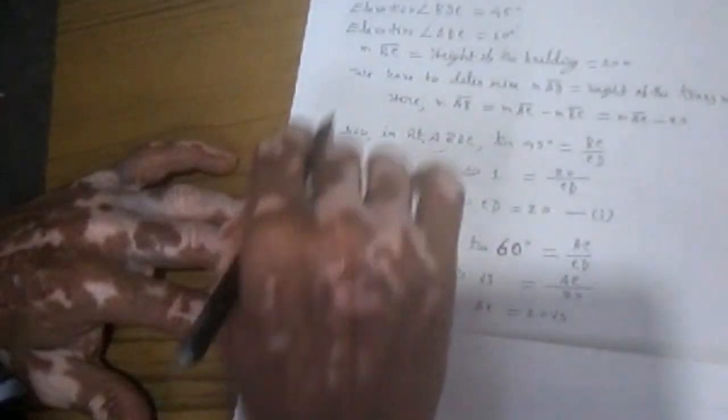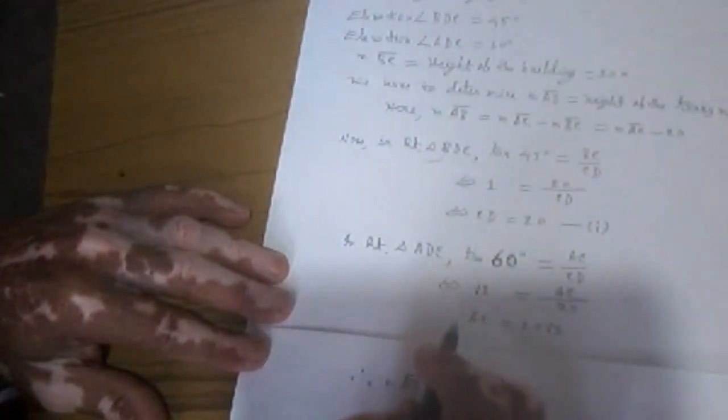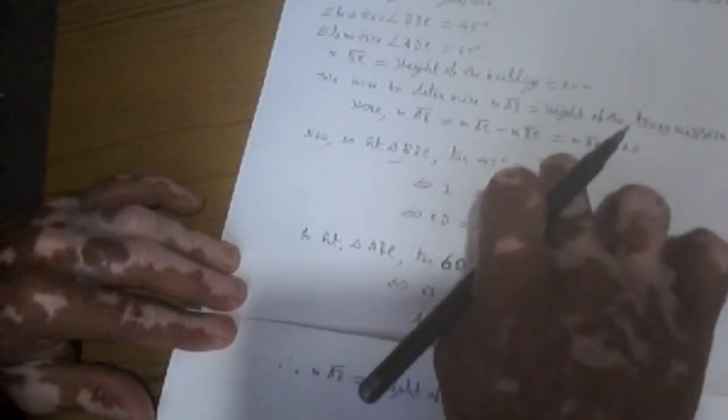Therefore, measure of AB, the height of the transmission tower, is equal to measure of AC.